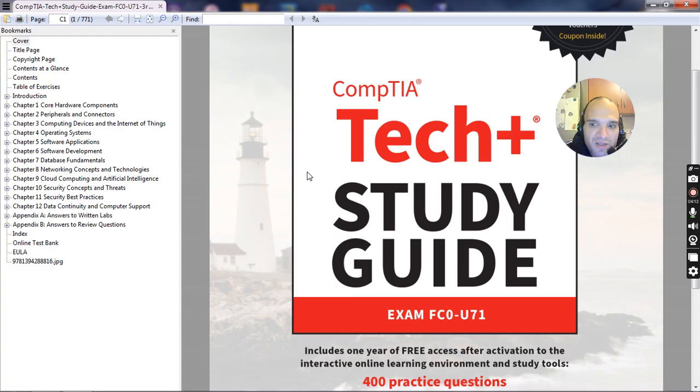Although it is an introductory certificate in IT, with introductory IT concepts, it purely introduces vendor-neutral IT concepts.